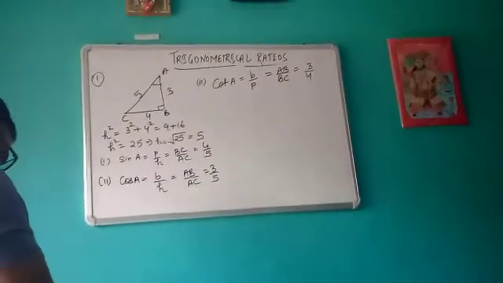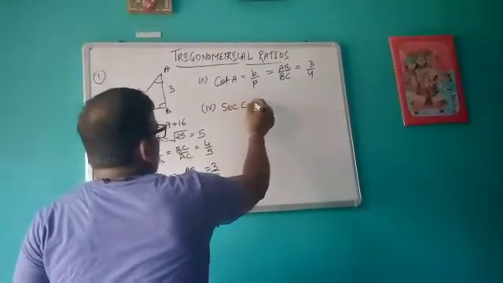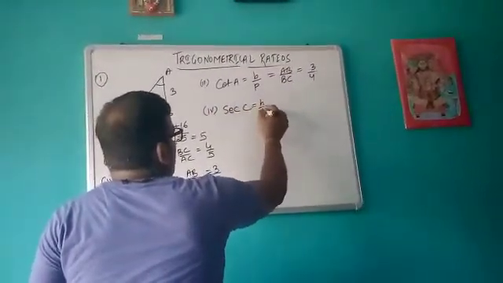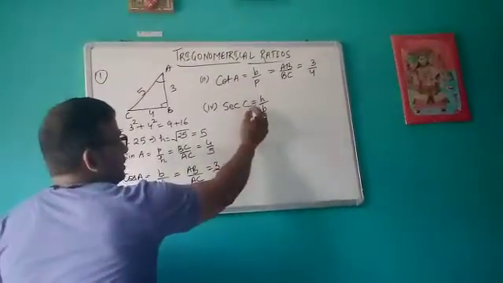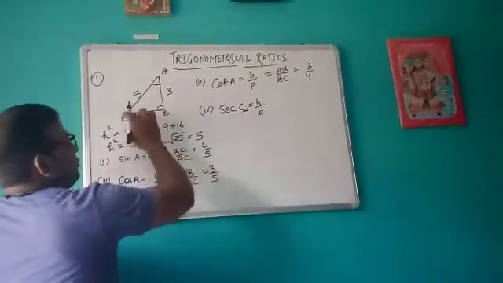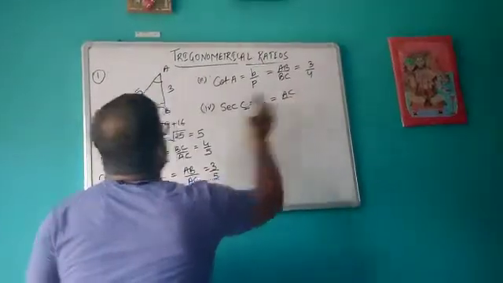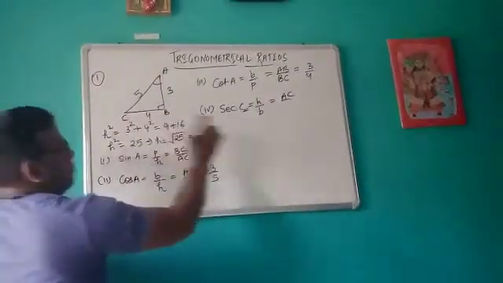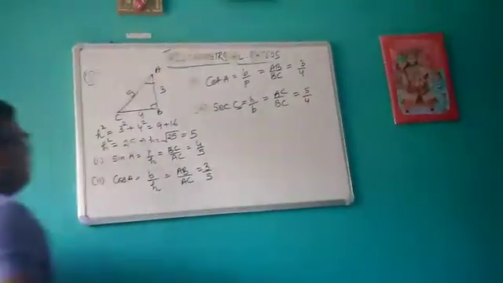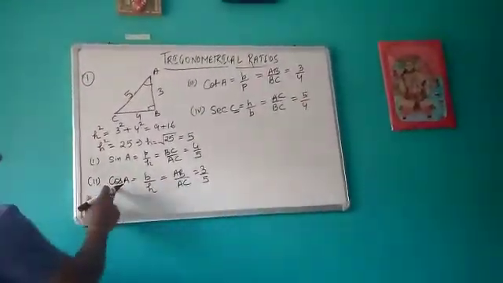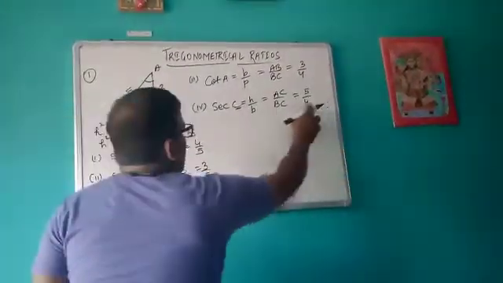Now see how everything got changed. The fourth one is sec of C, that is H upon B. That was cos of A earlier; now what is our sec of C? Pay attention to this angle C. The hypotenuse will definitely be AC, but for this C, what will be the base? BC. So it becomes 5 upon 4. If you see carefully, I calculated cos A as 3 upon 5, but in that case sec of C becomes 5 upon 4.